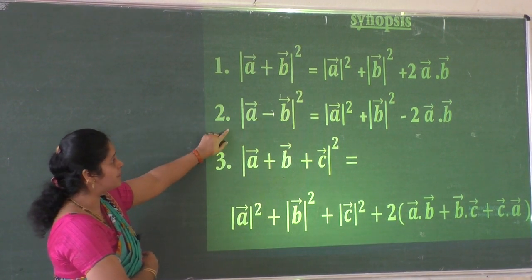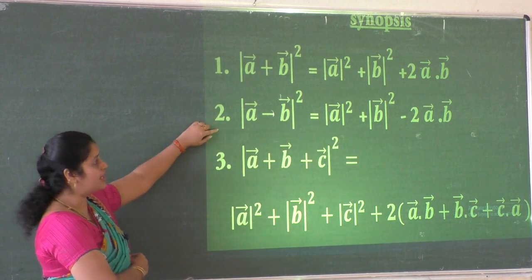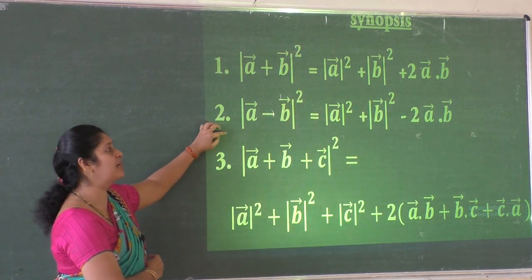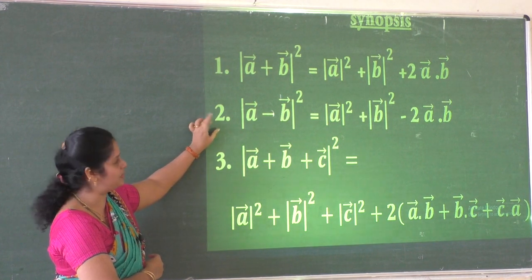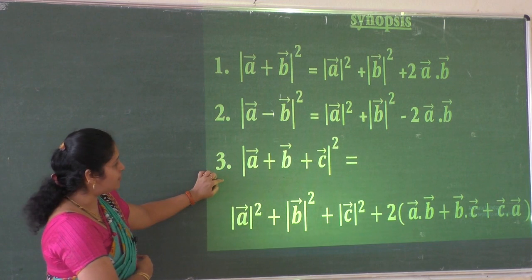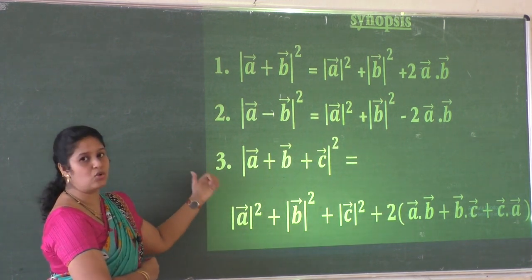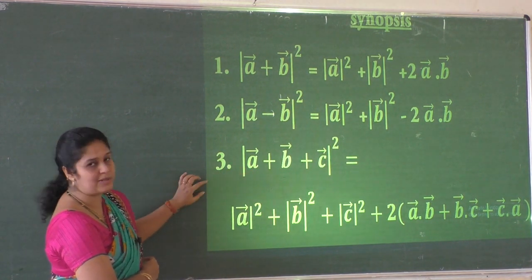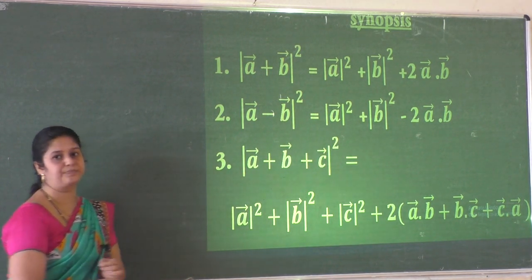The second one is the difference of two vectors, vector A minus vector B: the magnitude of vector A minus vector B is vector A minus vector B dotted with vector A minus vector B. As a result we get this formula. The third one is similar to A plus B plus C whole square, the magnitude of vector A plus vector B plus C whole square. As a result we get this formula.